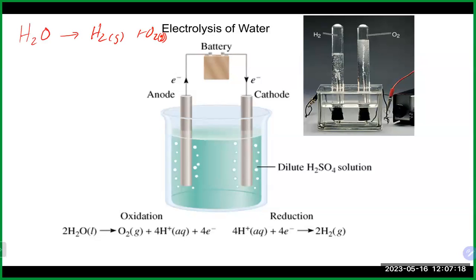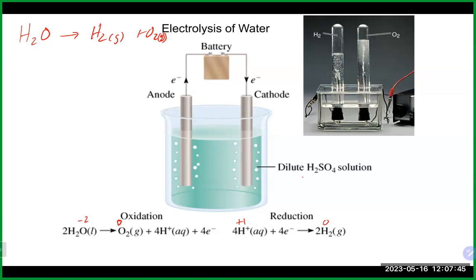In this case, our anode reaction is water making O2, the oxygen going from -2 to 0, becoming more positive and going through oxidation. And here's the hydrogen going from +1 to 0, becoming reduced, and that is your cathode reaction.